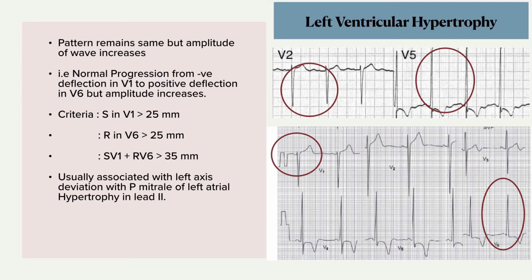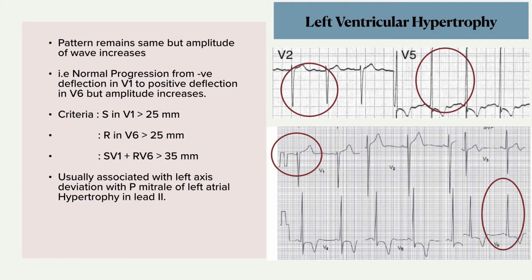In left ventricular hypertrophy, the pattern remains the same, but the amplitude of waves increases. That is, normal progression from negative deflection in lead V1 to positive deflection in lead V6, but the amplitude of waves increases. So measure the amplitude of S waves in lead V1 or V2, whichever is larger, and the amplitude of R waves in lead V5 or V6, whichever is larger, to diagnose left ventricular hypertrophy.